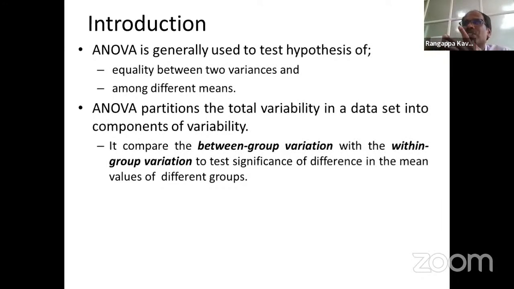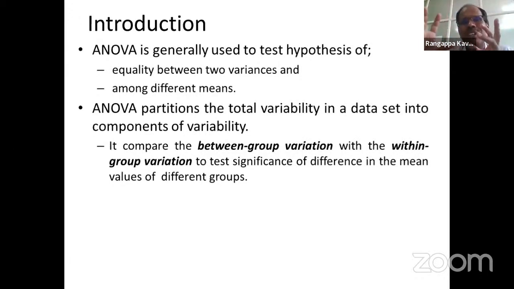Even while doing the t-test, you might have seen in statistical software that the t-test is written as t-test using equal variance and t-test using unequal variance. Even while deciding which test to use, you have to understand the variance between two groups.